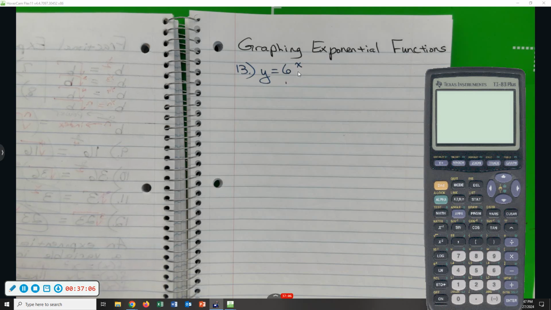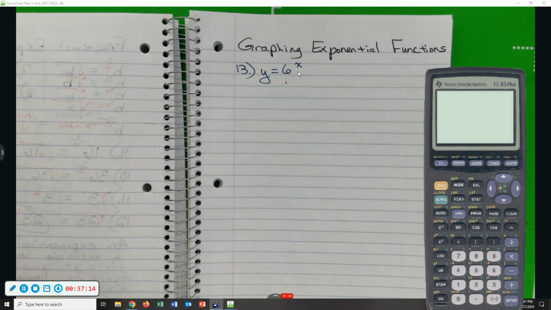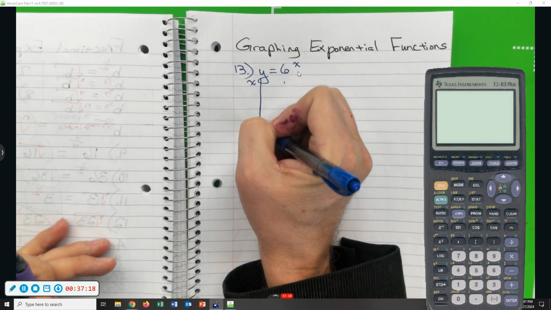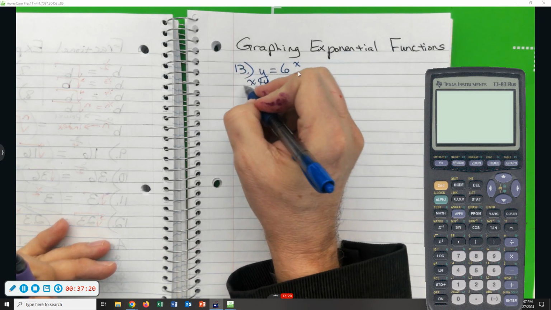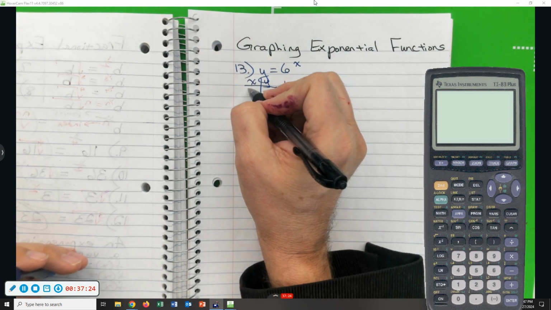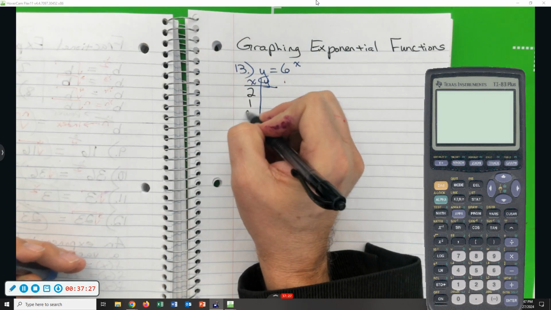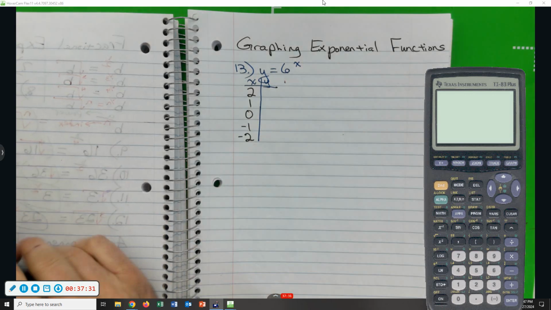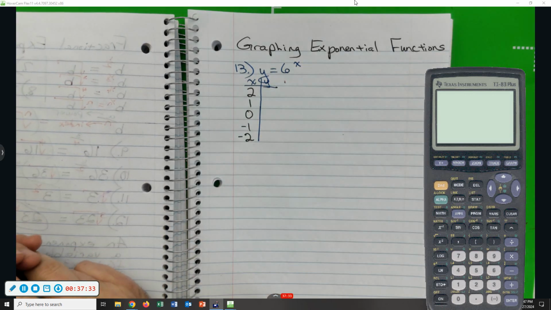Generally, if you use the integers from -2 to +2, that's enough for you to get a good picture of the graph. I'm going to make a table of values, x, y. If you just use 2, 1, 0, -1, and -2, that should be enough for you to get a good picture.